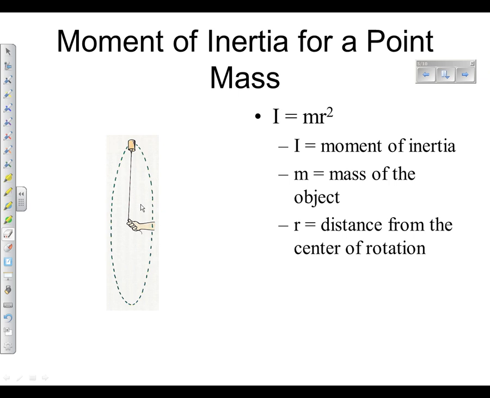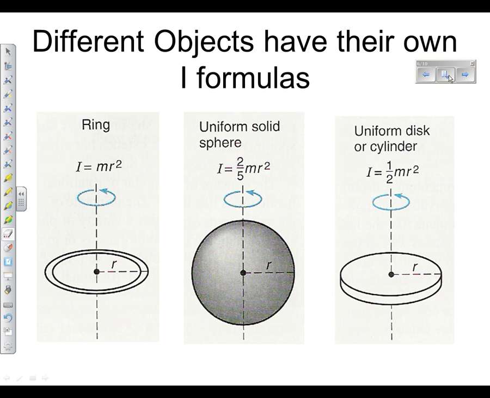So basically what you do is you take the integral of the moment of inertia of all of these point masses. You don't have to do that on the test, okay? Because when you take the integral for objects that have different shapes, we find that formulas start showing up based on that shape.